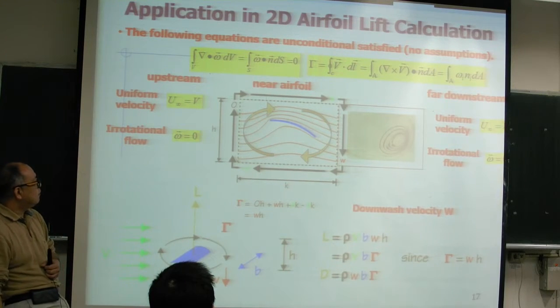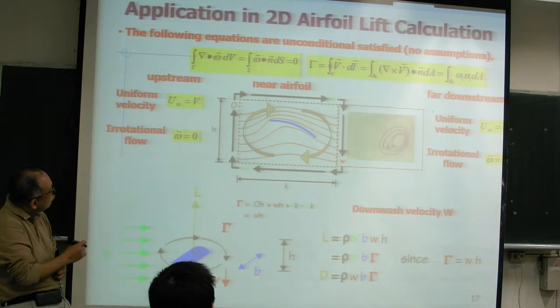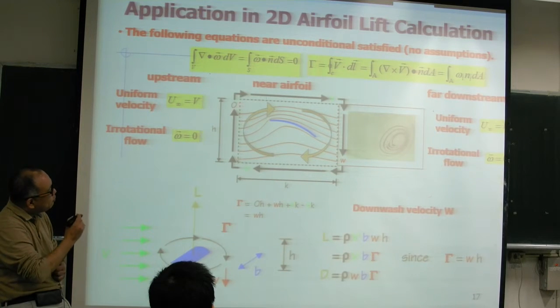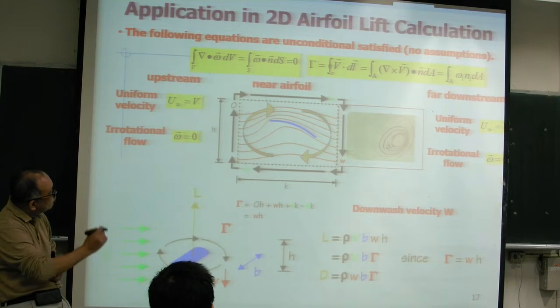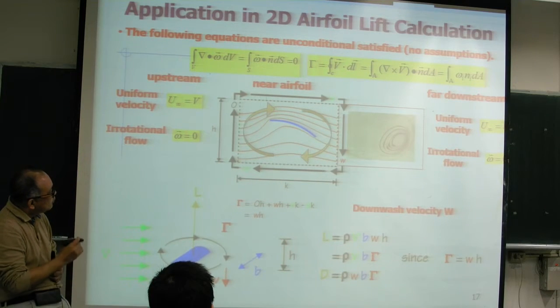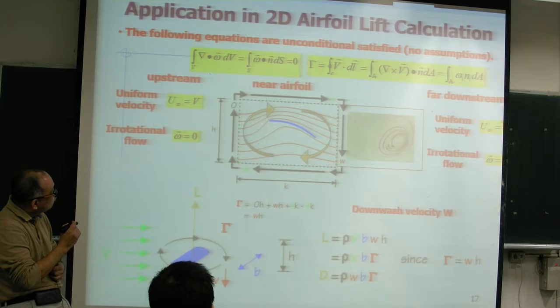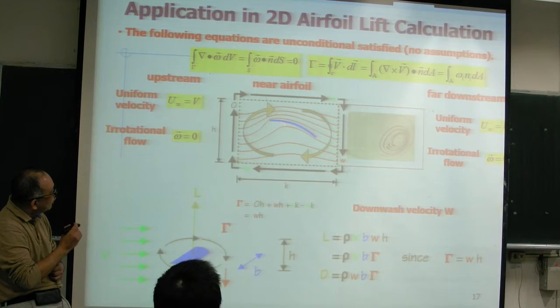We already mentioned that in chapter 3, I believe. This is from chapter 3. We have this viewgraph, which accounts for flow over an airfoil.